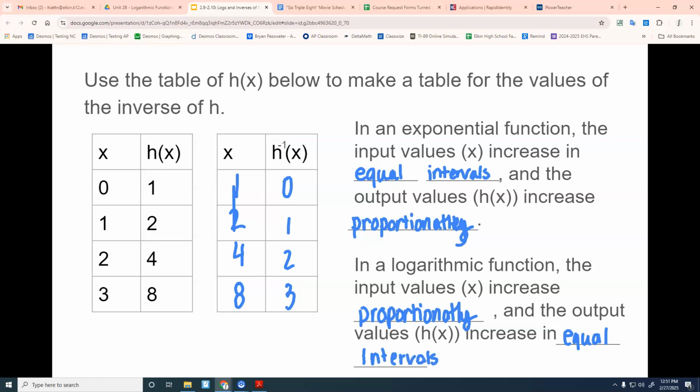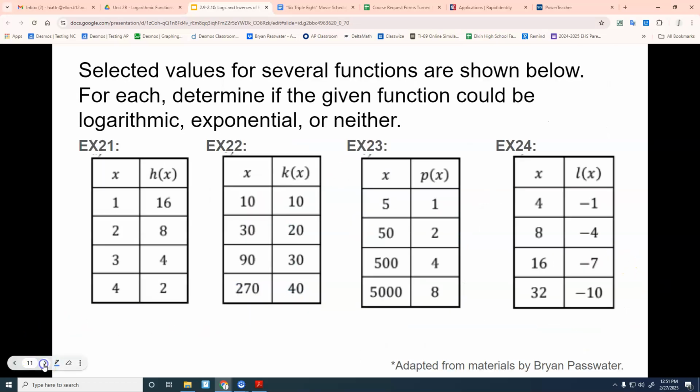So in a log function, we're looking to see the x's being multiplied by a number and the y's increasing by equal amounts. So let's look at what some of these look like. Okay, here's 4 tables, and we need to go through and tell whether each is logarithmic, exponential, or neither. If I look at this first one, what do you guys think?